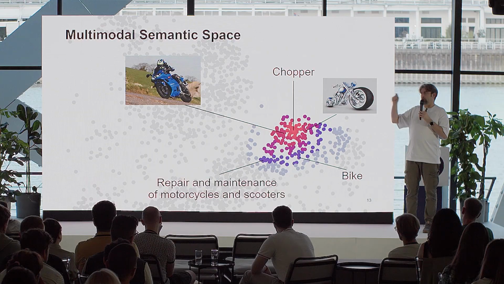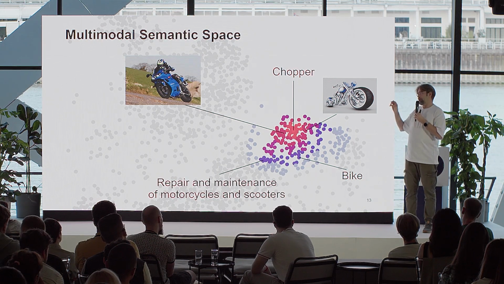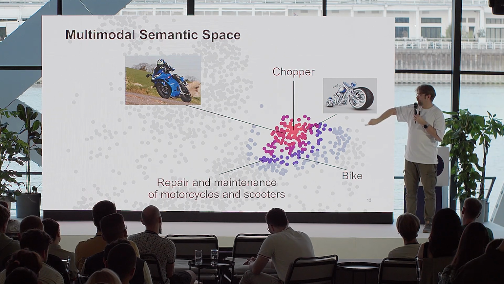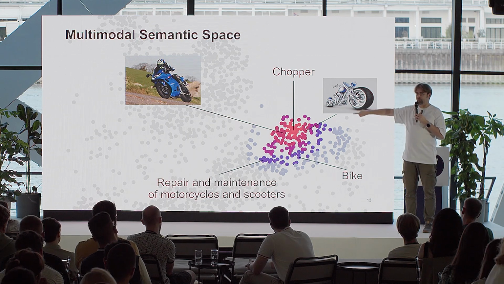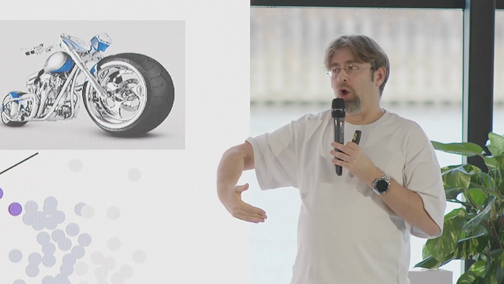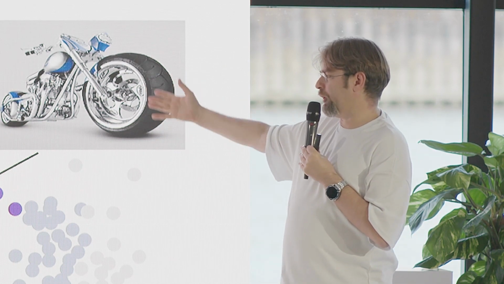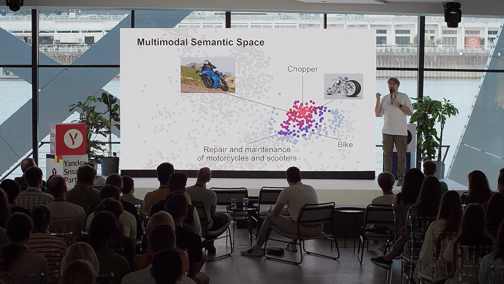How does it work? Your uploaded image is processed by neural networks and embedded into the multimodal semantic space. We find the nearest images in this space, images from the index, and show you as a result. Or we can read the text near these images and show you the extracted tag as a result. It works like magic.